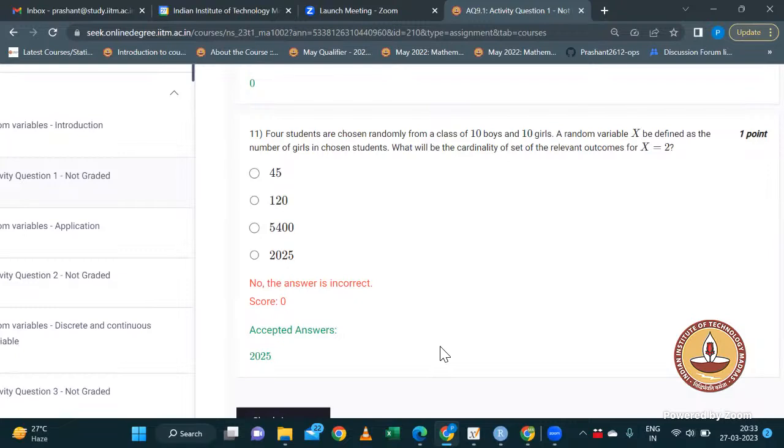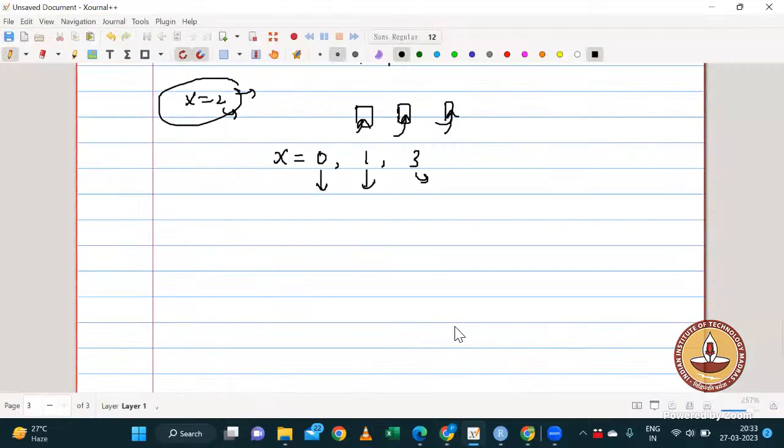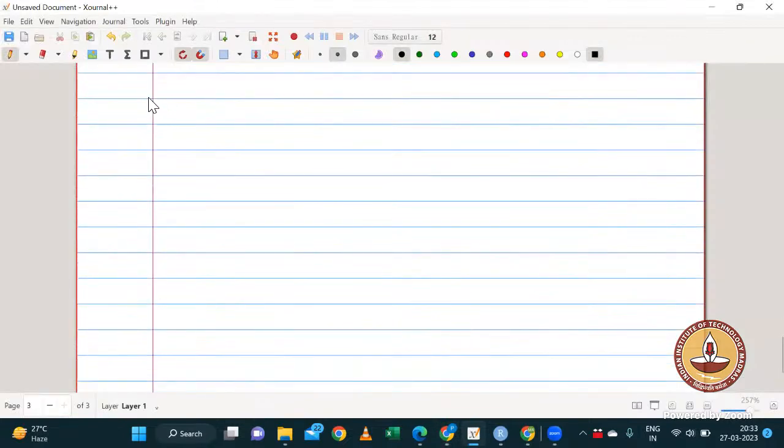So that means we chose 2 girls out of 20, or out of 10? Out of 10, sir. So there are 4 students we have to choose, and there are 10 boys and 10 girls.